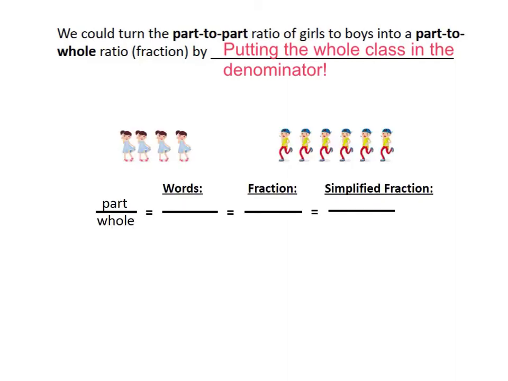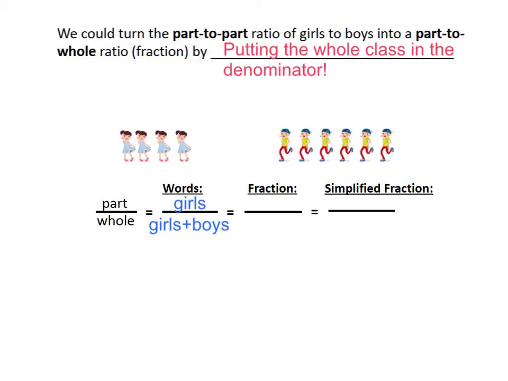So if we look at the class below, we want, in words, what part do we want to put on the top of our fraction? Let's choose girls. Well, how would you describe the whole part or the whole class in words? Well, let's just call that girls plus the boys.